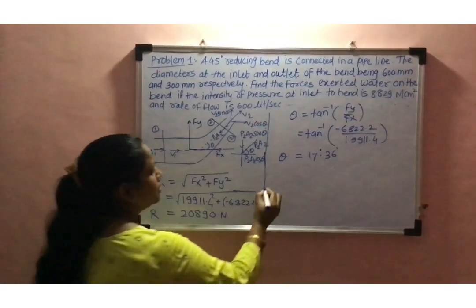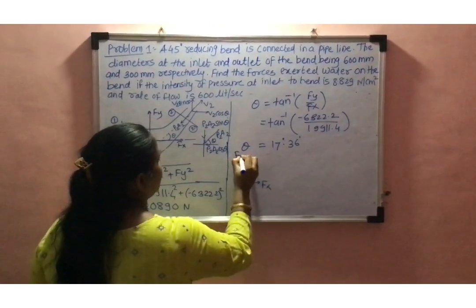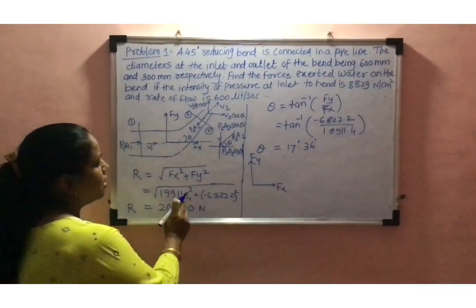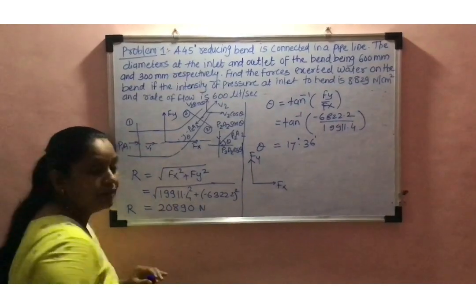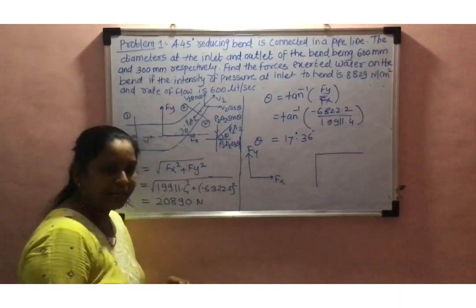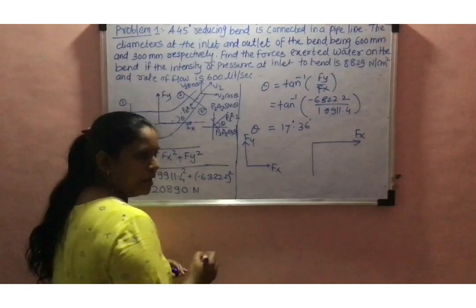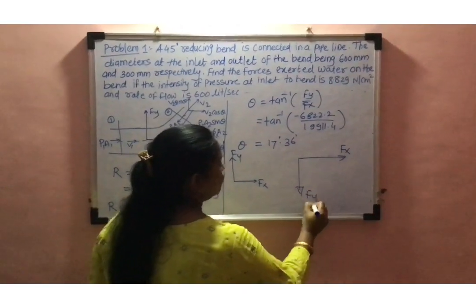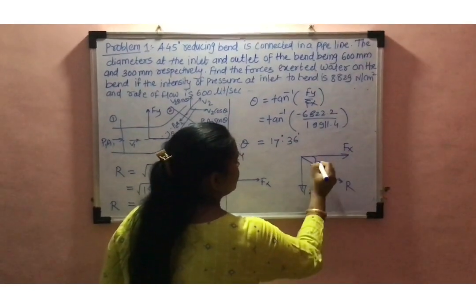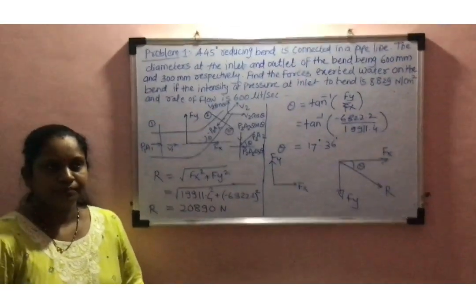Initially we assumed the directions of Fx and Fy, but here the Fy value is negative, so the direction of the resultant is in this way: Fx in this direction and Fy negative in this direction, and the resultant makes an angle theta here.